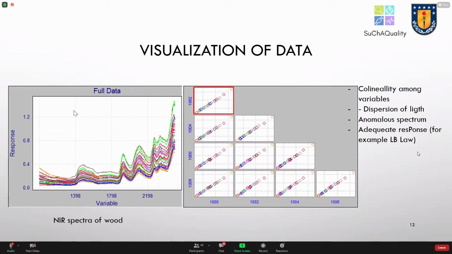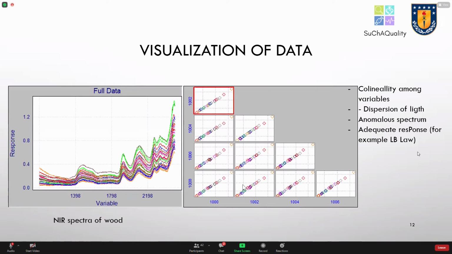For example, here we have NIR spectra from different samples, from different species of wood, but they are very, very similar, except for this dispersion. And we can see here in this visualization of the data if the signal obtained at different wavelengths has relationships.